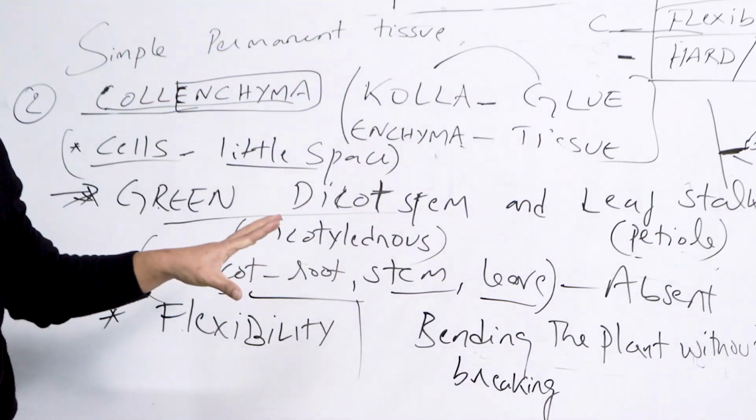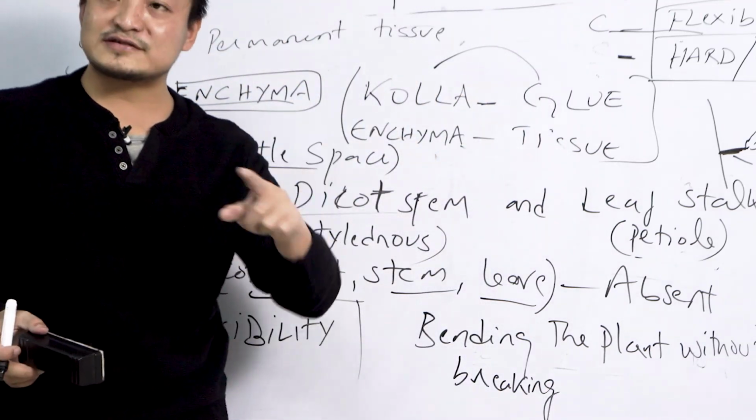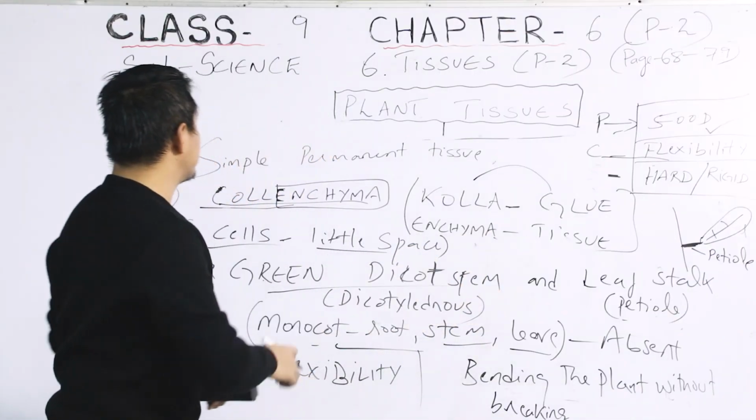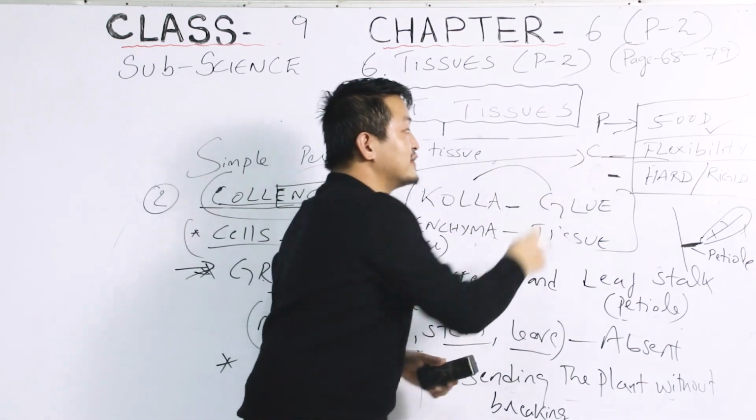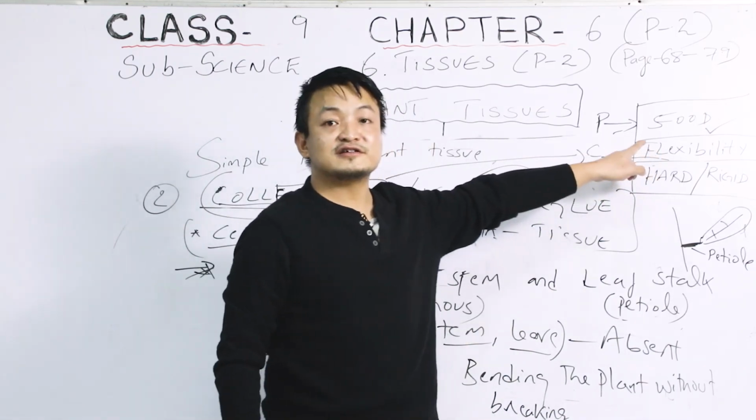So this flexibility in plants, why does it happen? That is because of the collenchyma. You have to remember this one: collenchyma has to do with flexibility.